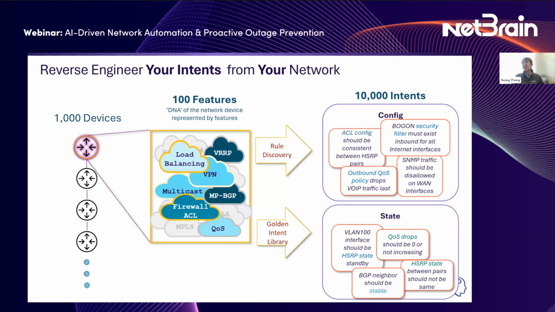So it may be ACL 192 is controlling the QoS policy for VoIP traffic. It could be this particular security filter. It could be all kinds of different unique rules within the network. So that's the first part: we can use these features as a way to discover the unique rules that exist within every unique customer.